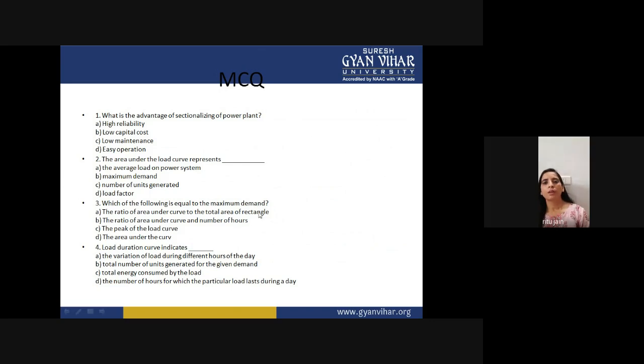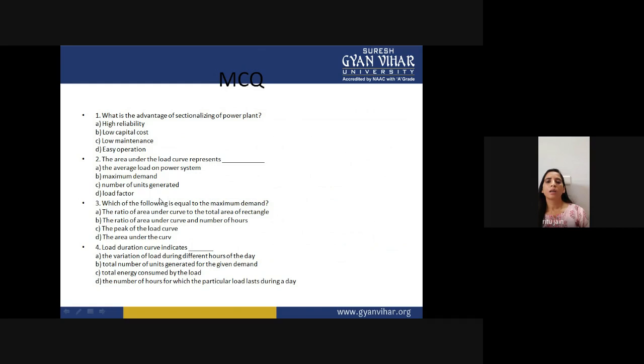So what is the advantage of sectionalizing of power plant? That is that you can get high reliability electrical energy, which is very important. The area under the load curve represents the average load on power system, maximum demand, number of units generated, or load factor.